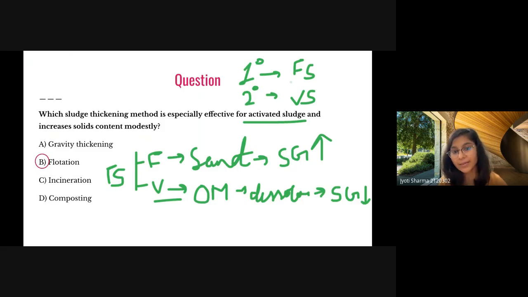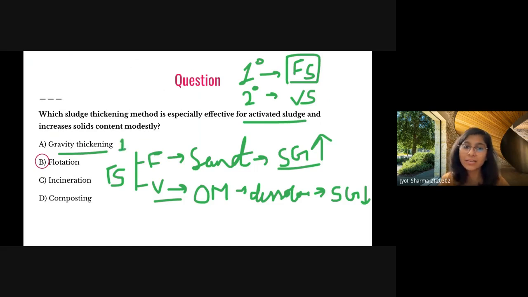It means that if we have fixed solids after primary treatment, we will have mostly sand, grit, and all these things in the sludge. So for that, gravity settling is very easy because specific gravity is higher, so settling is easier and faster. For the sludge that we get after primary treatment, gravity thickening is more effective.